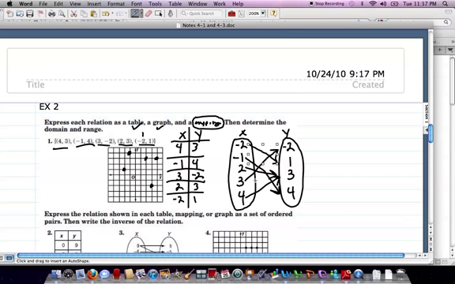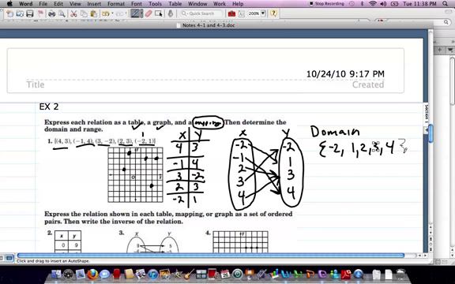Now, it does start to look funky, but what I do notice is that 2 of the elements in my domain lead to the same range. Now, it's real easy to write domain and range then, so my domain is simply negative 2, negative 1, 2, 3, and 4.